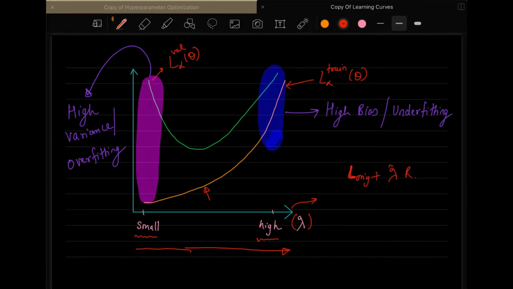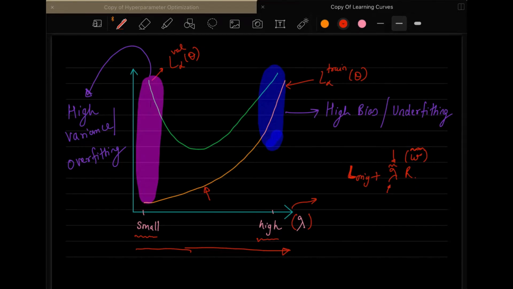which is the original loss function here, plus lambda times the regularizer. So when your lambda is very small, then the w's that are involved, the w's that are the decision boundaries of the classifier, will not be penalized because your lambda is small.